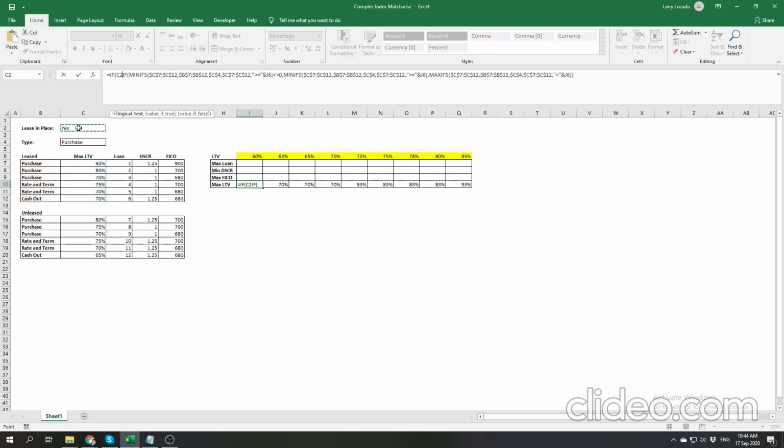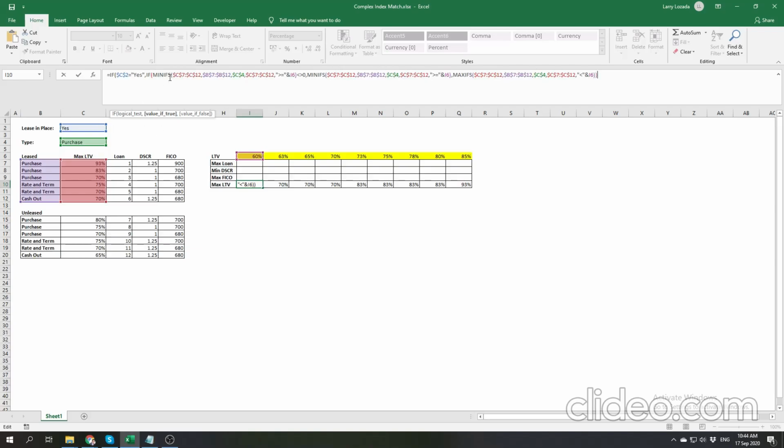If this one is equal to yes, then take this formula, right? Well, this one can only either be yes or no. There are no other values in that, so let's take this.